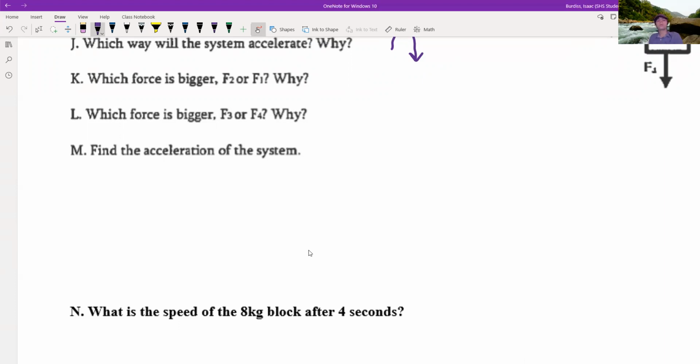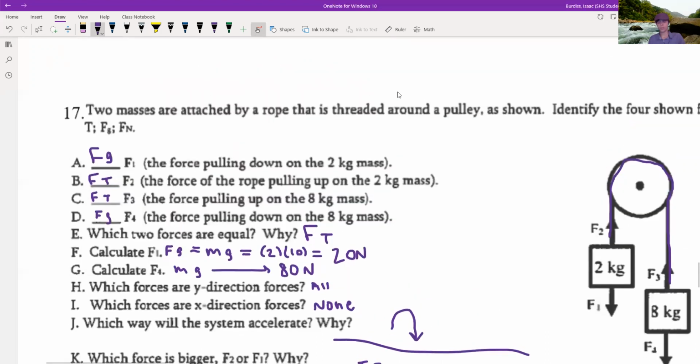Well, for this one, you need to do the sum of the forces, which does have acceleration.